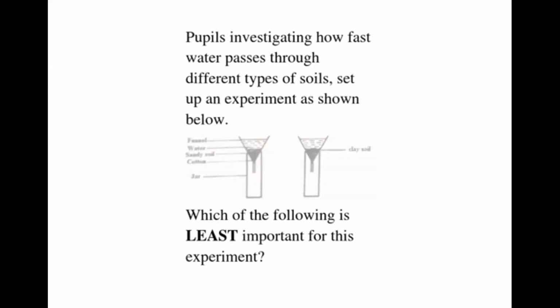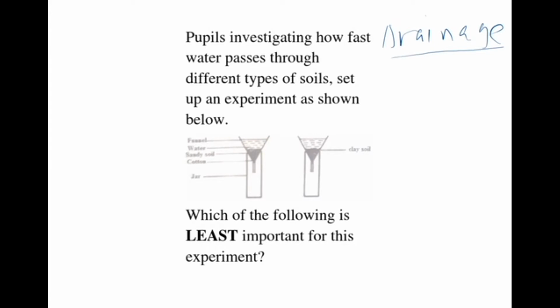Pupils investigating how fast water passes through different types of soil set up the experiment as shown below. Which of the following is least important for this experiment? When you look at the experiment, it tries to investigate drainage in different soils.